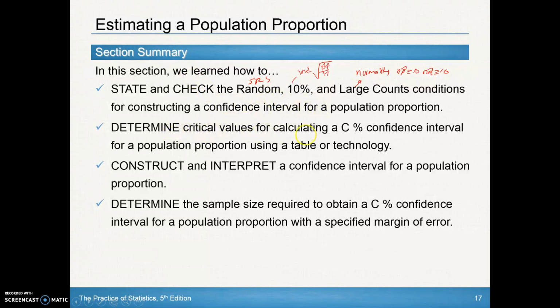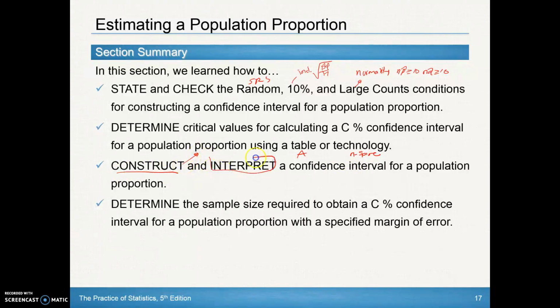We determine the critical values for calculating a C% confidence interval for a population proportion using a table or technology. So that was, again, Table A, or using our Inspire calculator. We've got to be able to construct and interpret a confidence interval for a population proportion. So again, this is just putting the mathematics from up here to use.